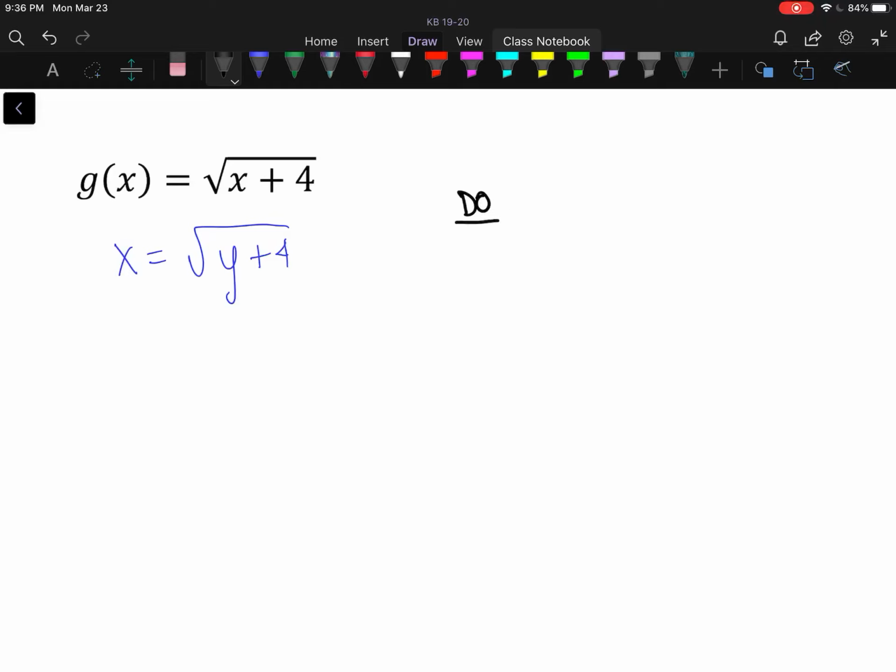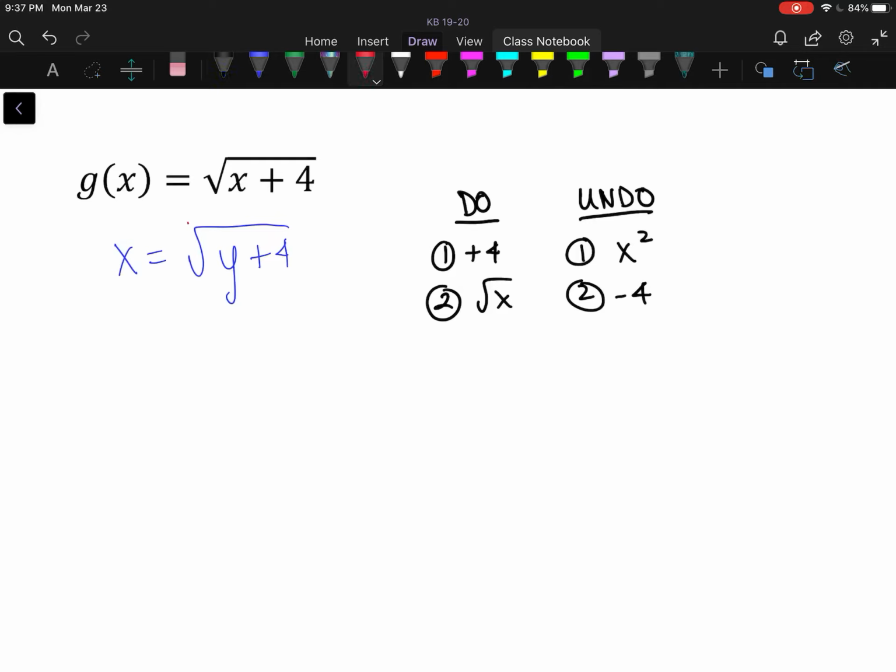Our do list, if we knew what x was, would be to add 4. And our second step would be to take the square root. So to undo, we're going to have to square first. And then the last piece of our undo would be to subtract 4.